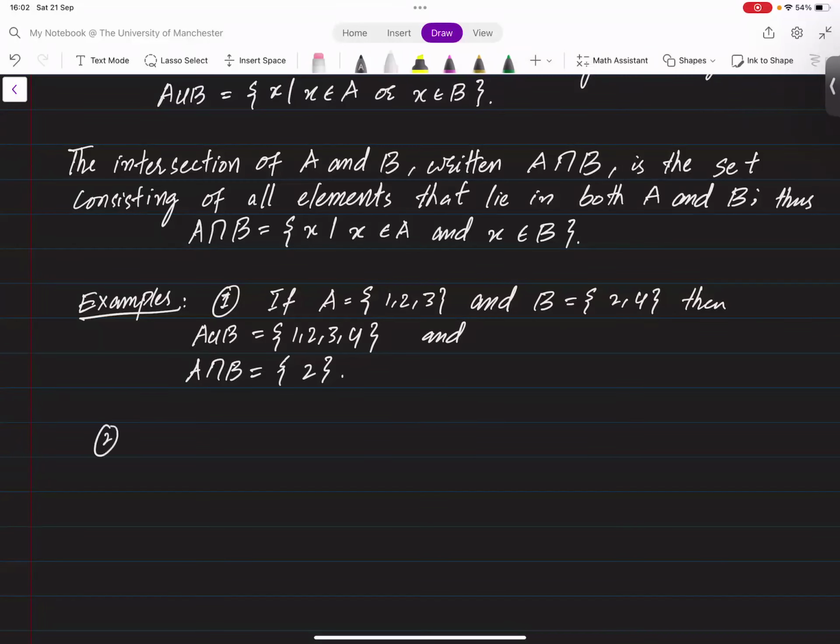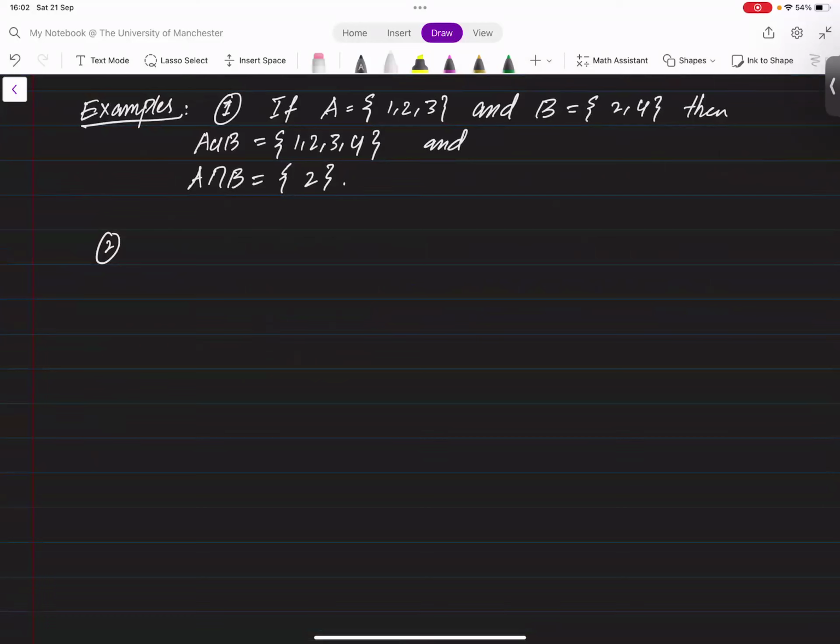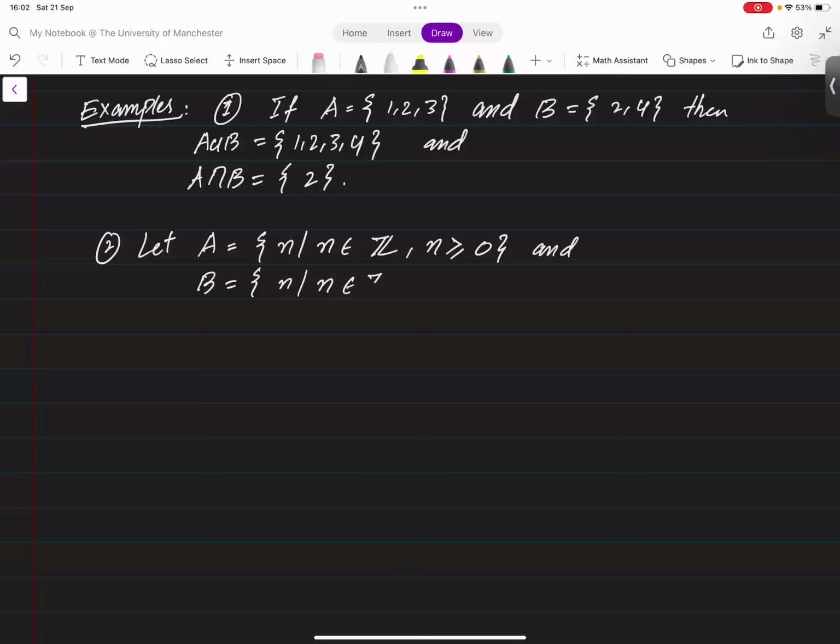Number 2: let A be a set which contains elements n such that n is coming from the integers where n is greater than or equal to 0, and B is a set which consists of elements n from the integers where n is less than or equal to 0.